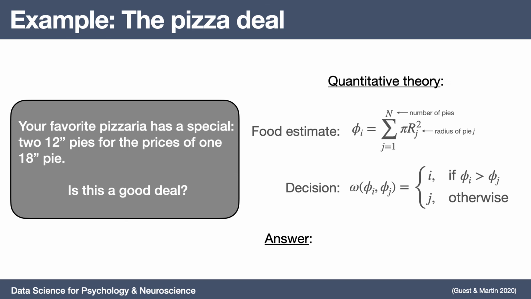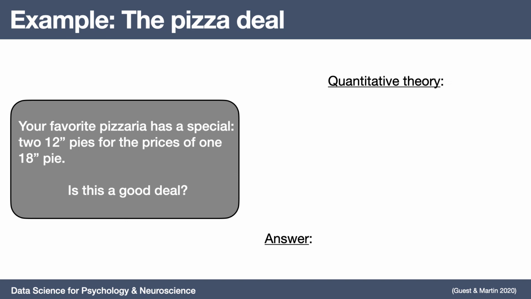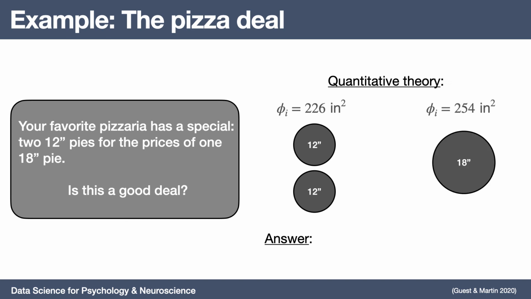Now let's see how this plays out. We'll just use that exact example. Two 12-inch pies has a food surface area of 226 square inches. One 18-inch pie has a surface area of 254 square inches. So the answer is no. This is not a good deal.